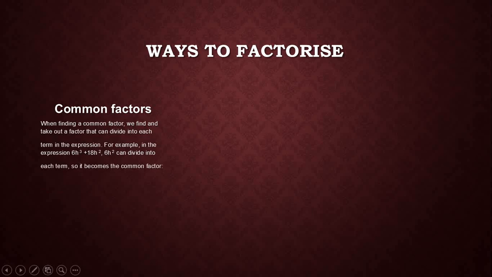Think about it: how do you tell if you have a common factor? If we have 6h to the power of 3 plus 18h to the power of 2 as our expression, think about the highest number between 6 and 18 which can divide into both of them without leaving any remainder.